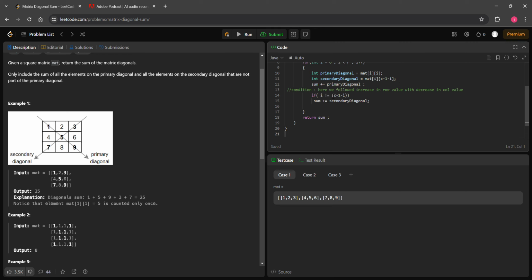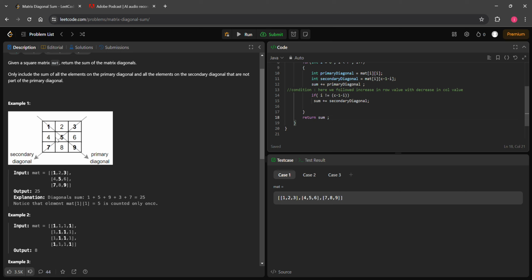So what we did, suppose if the I value and the column value are the same, then I said don't add the value. If I is the row value and the primary diagonal value and the secondary diagonal value are the same, I said don't add the secondary diagonal. If they are not the same, add it.